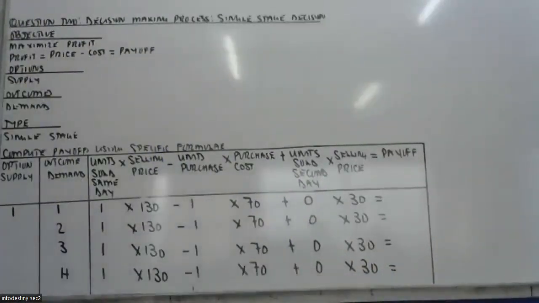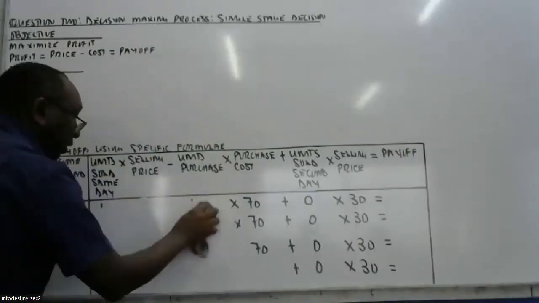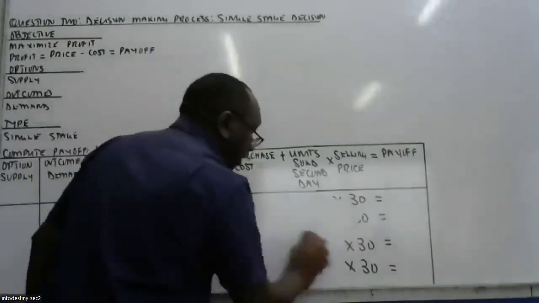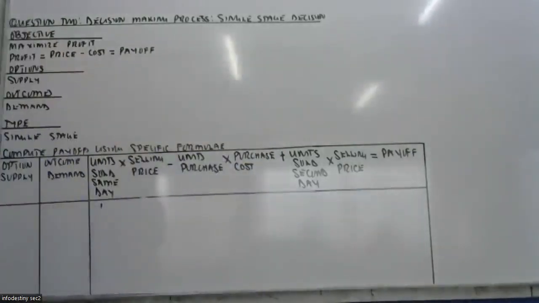Now that is what happens if you have gone to the market and bought 1. So we go down, and we now look at what will happen if we have gone to the market and bought 2.